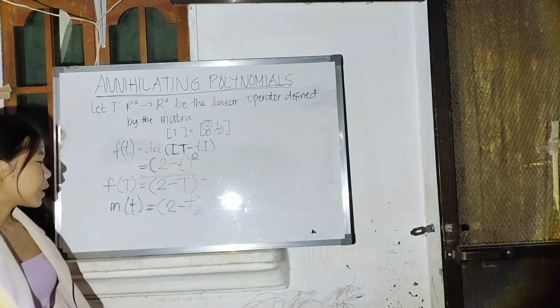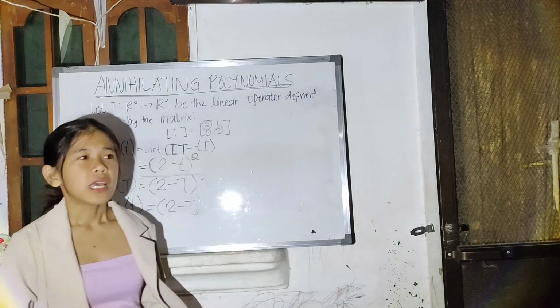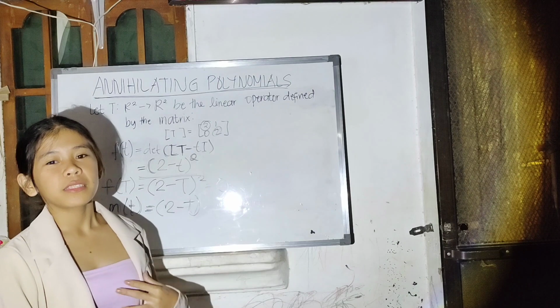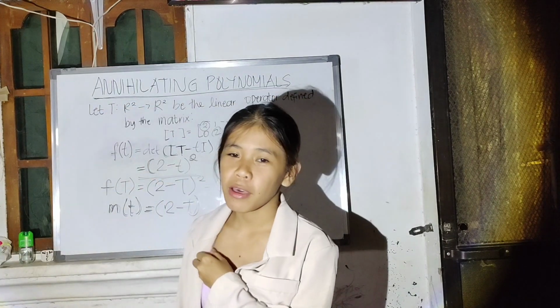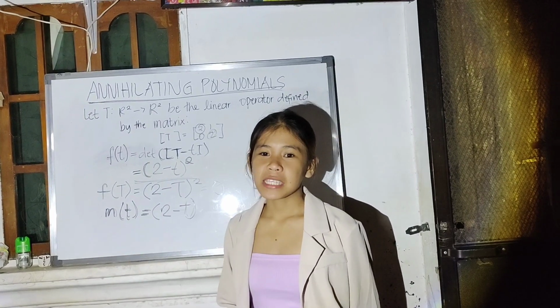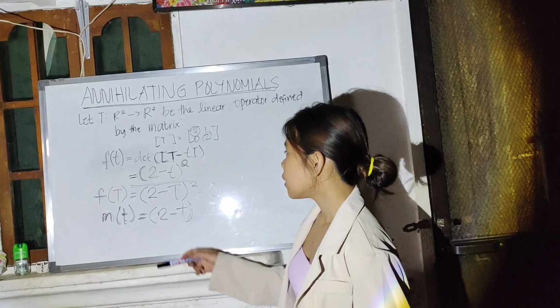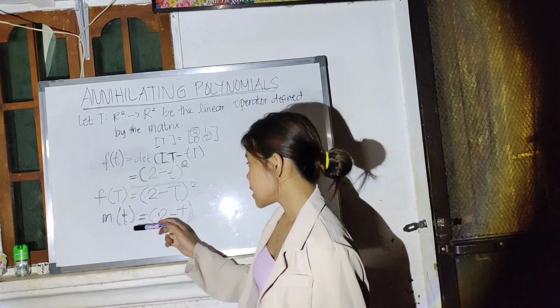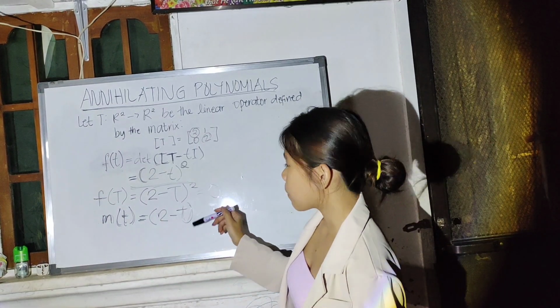Ang minimal polynomial natin is m of t equal to 2 minus t. Yan yung minimal polynomial natin. So in this example, the minimal polynomial m of t divides the characteristic polynomial f of t. As you can see here, diba?